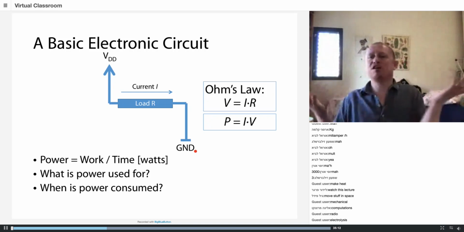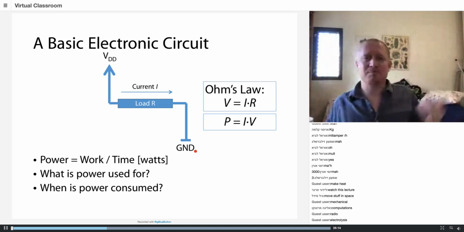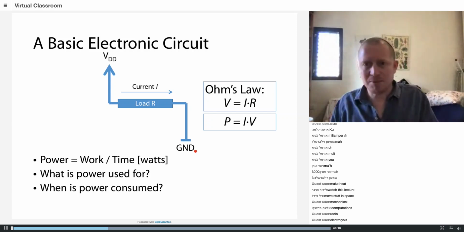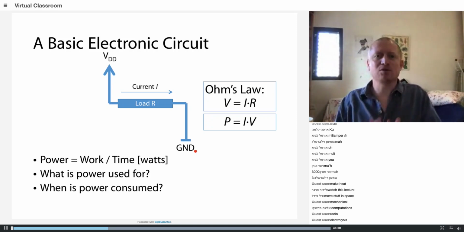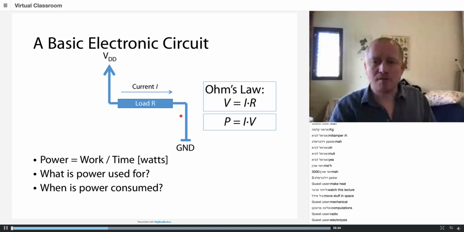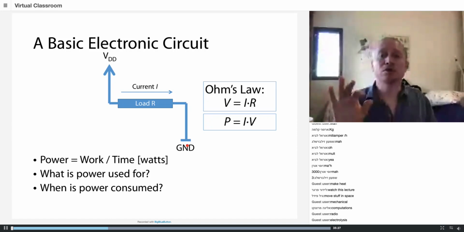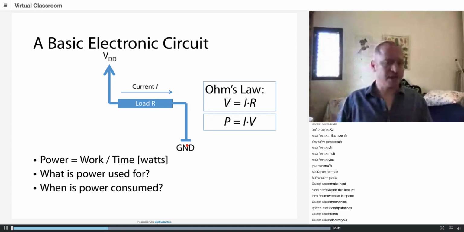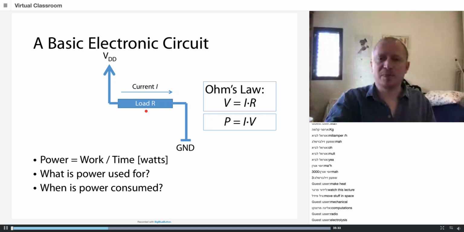Or when I'm running off battery power, the power isn't coming in. So I'm going to, maybe artificially, define that I'm consuming power when it travels into the ground, when it goes into the ground terminal or the actual ground of the battery. So if it gets stuck in here, I'm not consuming it.